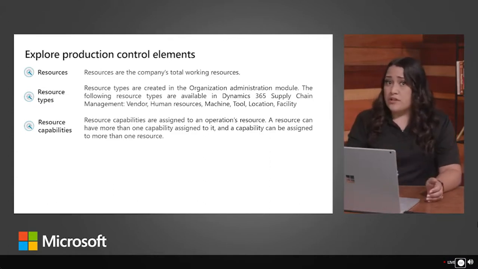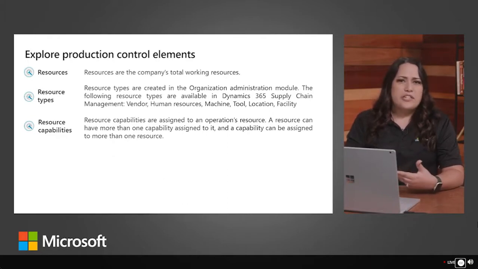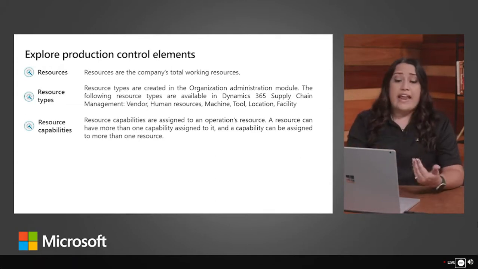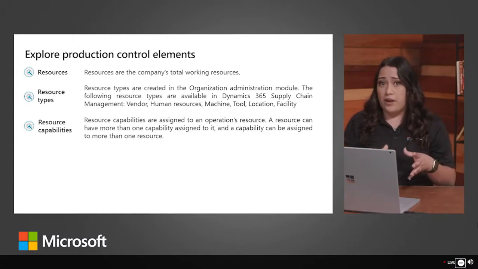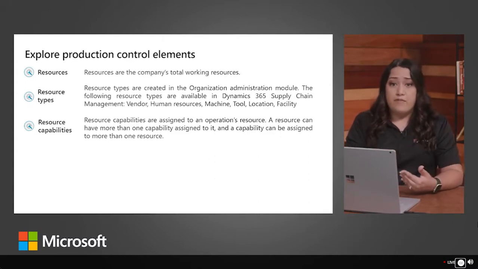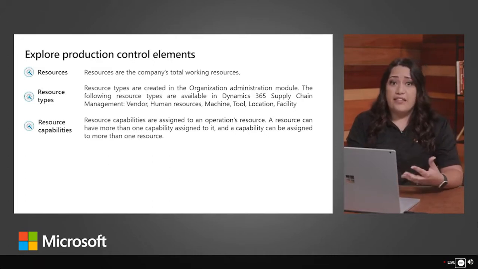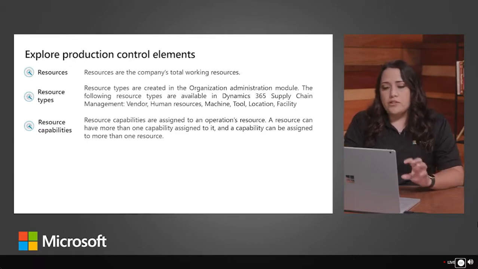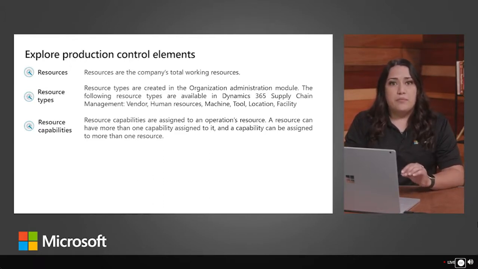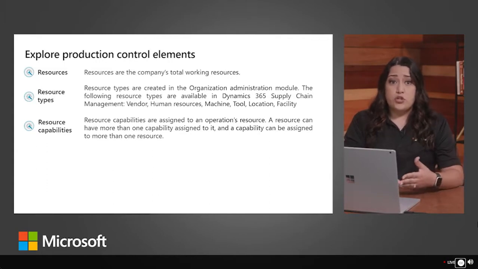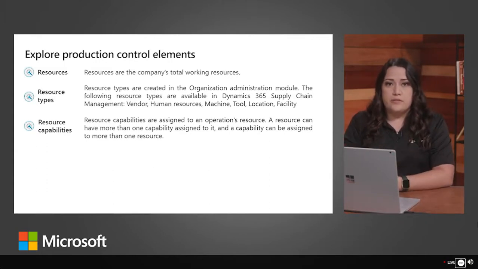Now, that production order is going to contain either a list of raw materials from the bill of materials, which I'm going to talk about in a minute, or it can have something like a formula that is going to have all of the co-products and byproducts. It's also going to have the resources that are going to be used, any routes it'll take, and the operations. So the Dynamics 365 Supply Chain Production Control module allows your manufacturing facility to change production orders so that they're streamlined to your specific production requirements.